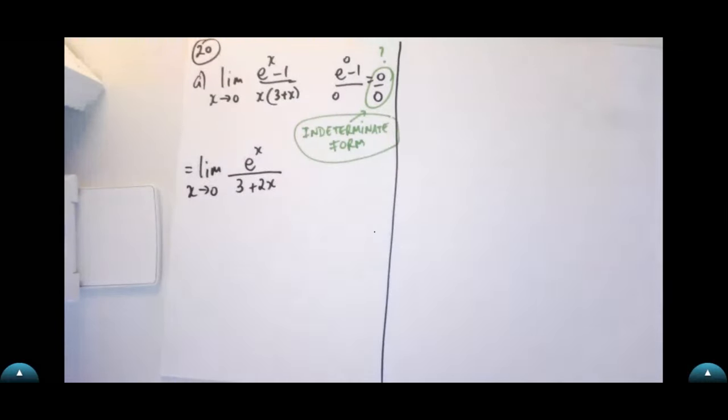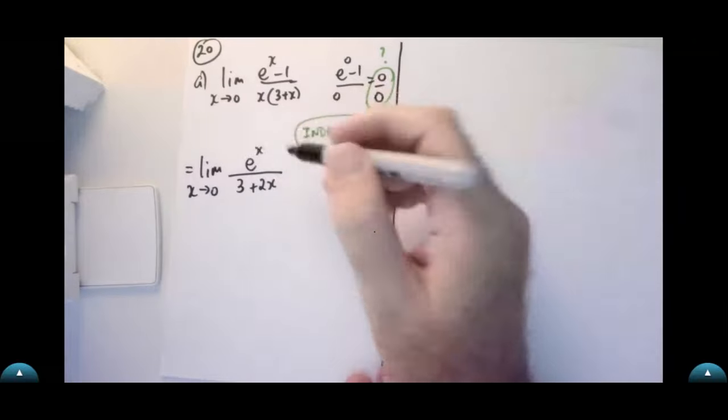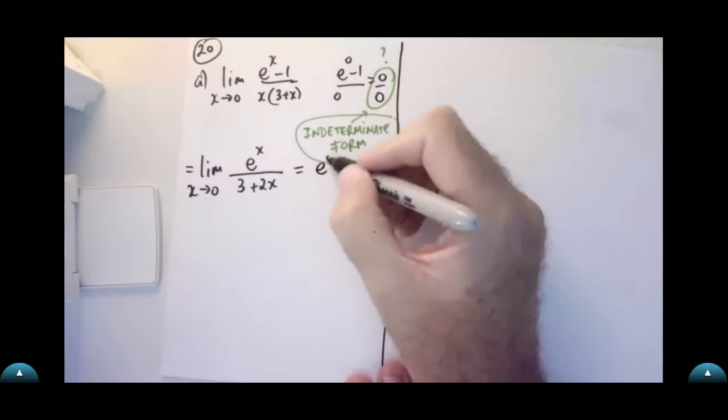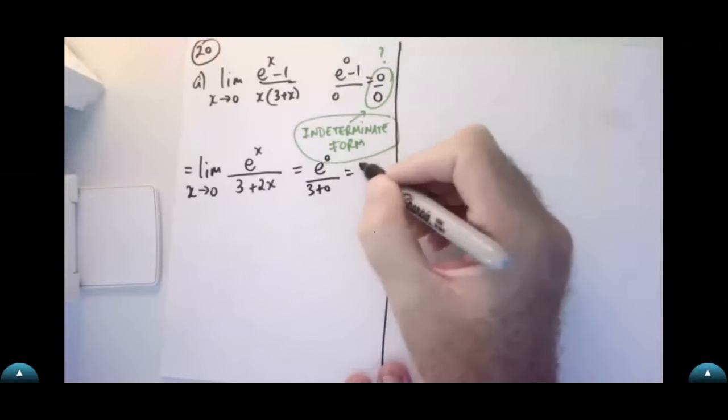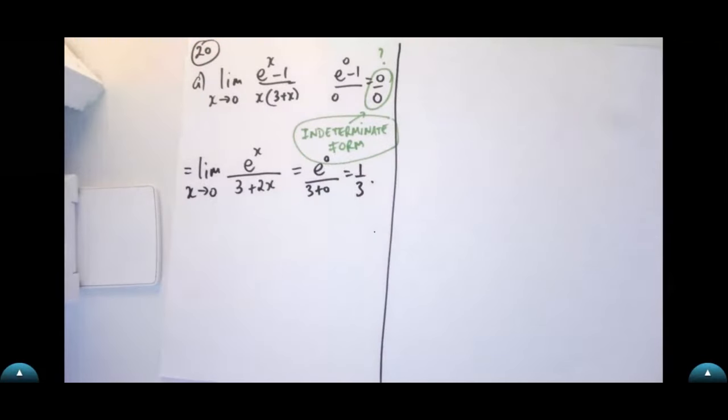Who can tell me in the chat? If I retake this limit, what is it going to be? Who can tell me on a Thursday in week 5? Cynthia, Nisa, Liz, Nabil, Ningxia, thank you. So this is going to be e to the 0 over 3 plus 0, which is just 1/3.